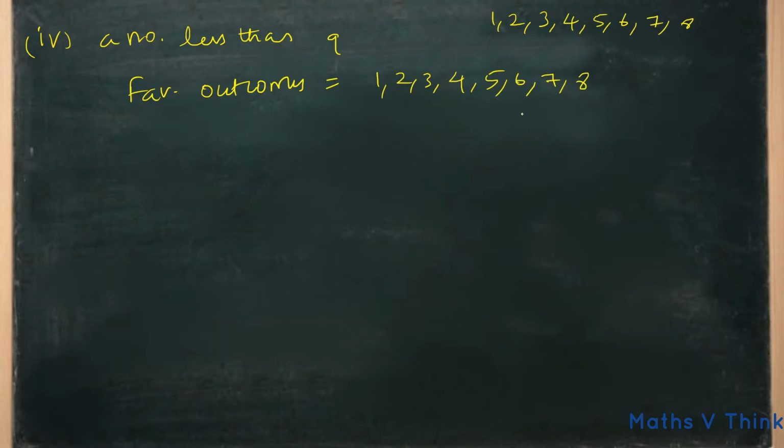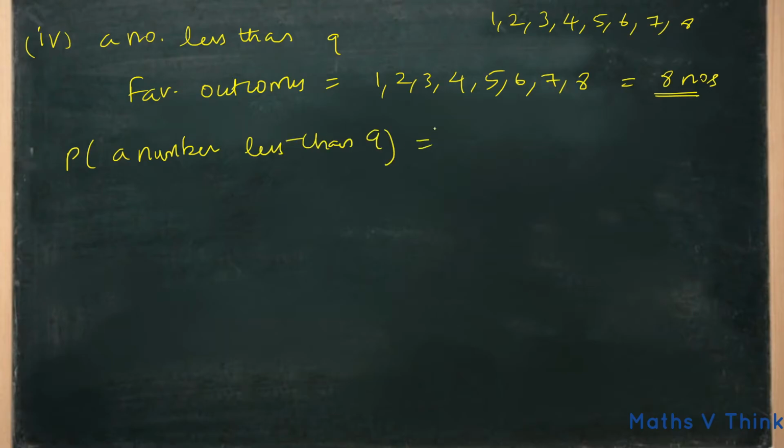These all numbers are less than 9, which is equal to how many numbers? So 8 numbers. So probability of a number less than 9 is equal to 8 numbers, that is the favorable outcome, divided by total number of outcomes, which is 8. So 8 gets cancelled, which is equal to 1. So probability of a number less than 9 is 1.